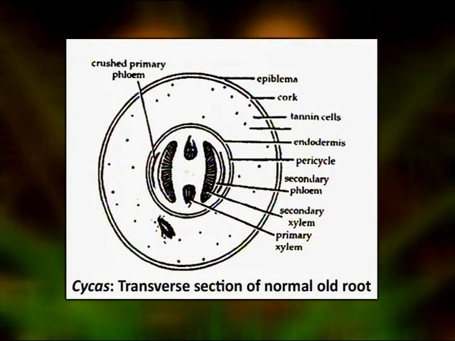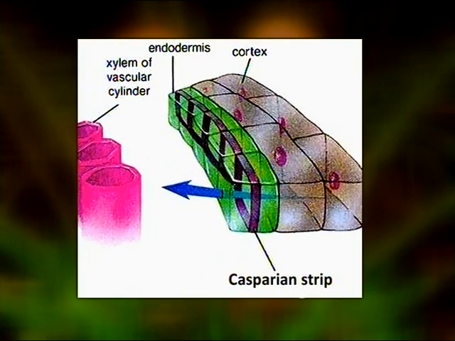Cortex is a multi-layered zone of thin-walled parenchymatous cells which are filled with starch. Certain tannin cells and mucilage cells are also present in this region. The innermost layer of the cortex forms endodermis. The endodermal cells are characterized by the presence of Casparian bands.